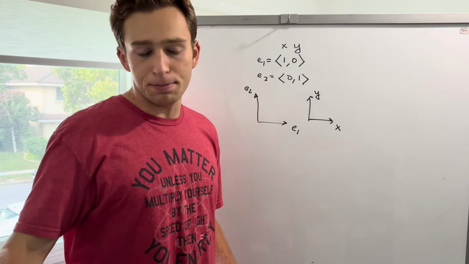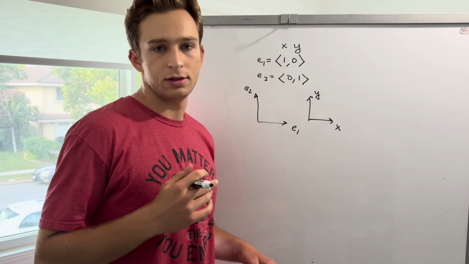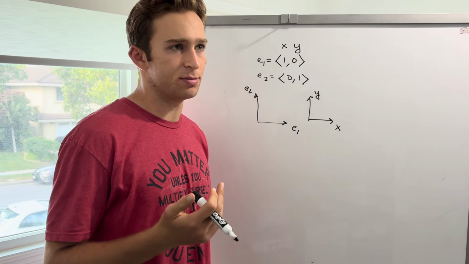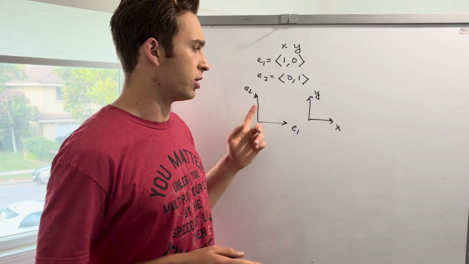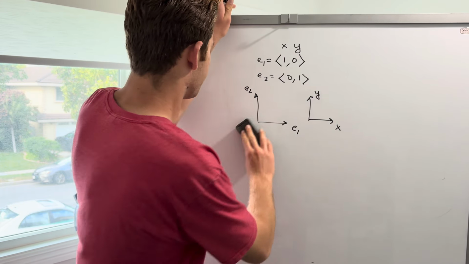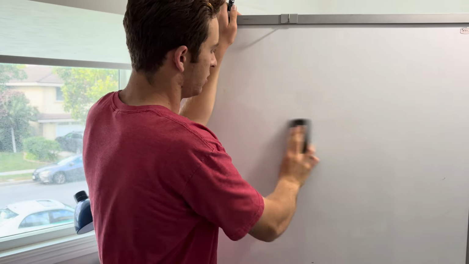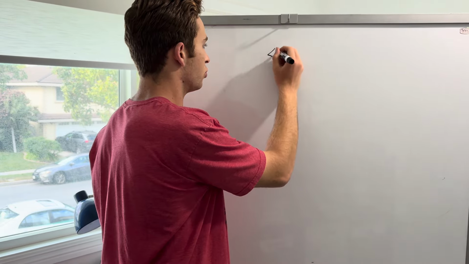Now, what is a basis vector? Well, it means that for any vector in two-dimensional space, I can express it as a sum of two components, each multiplied with one of these basis vectors. For example, let's say I have the vector 2, 4.